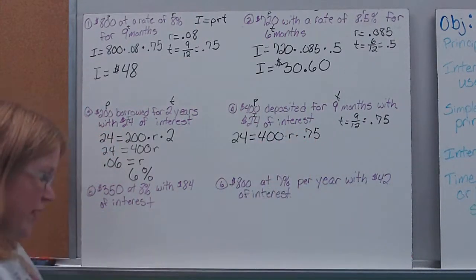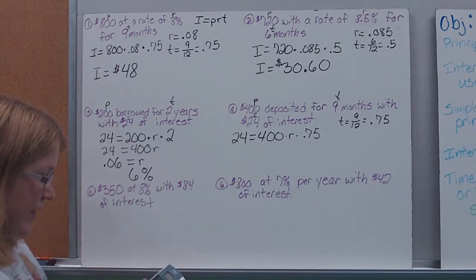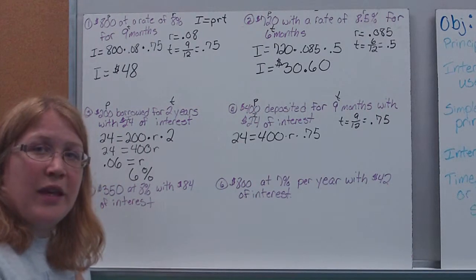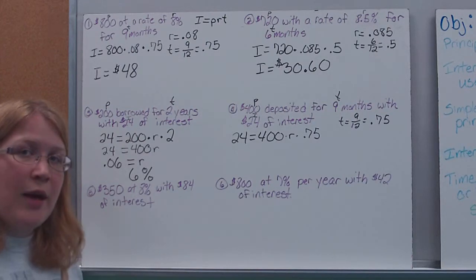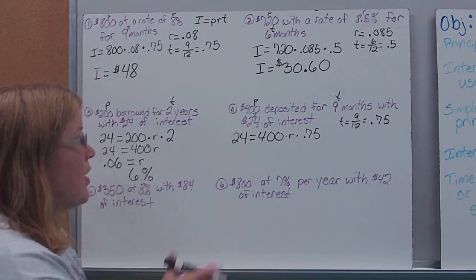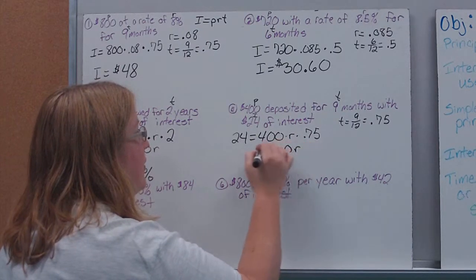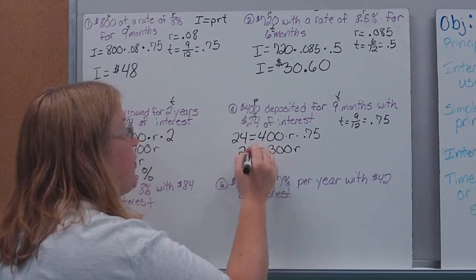So I'm going to simplify the two numbers that are on the same side by multiplying 400 by 0.75, because the associative property tells me it doesn't matter what order I multiply. So when I do that, I find out that that is 300 times r is equal to 24.